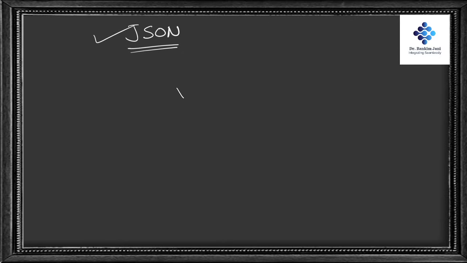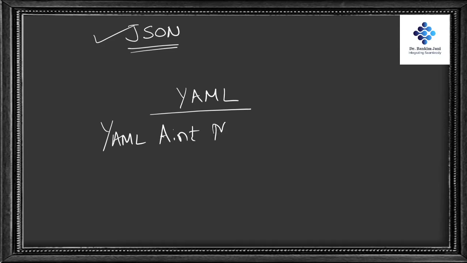YAML, what I said is YAML. This is very interesting. What's the full form of YAML? The full form of YAML is YAML aren't, that means YAML isn't markup language.